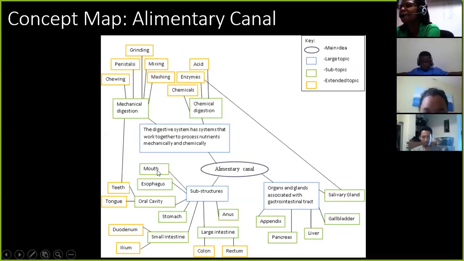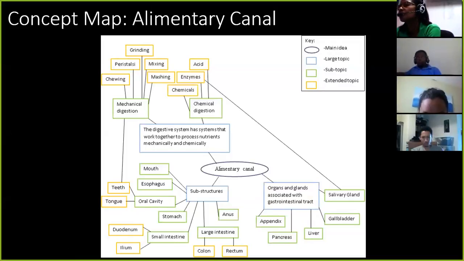So basically we have the substructures of the alimentary canal, starting with the mouth, esophagus, the oral cavity, and here you can see we have an extended topic. From the oral cavity, we have the tongue and the teeth. The tongue and the teeth are what the oral cavity consists of.